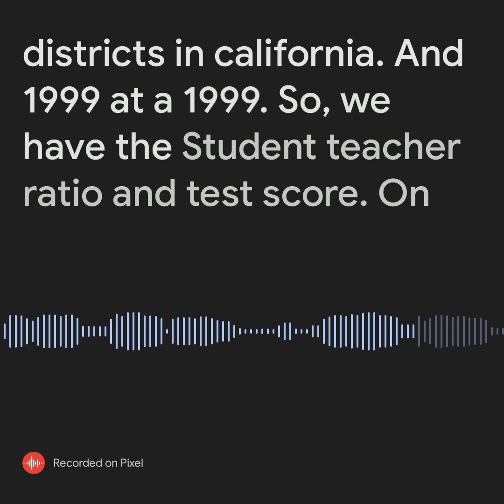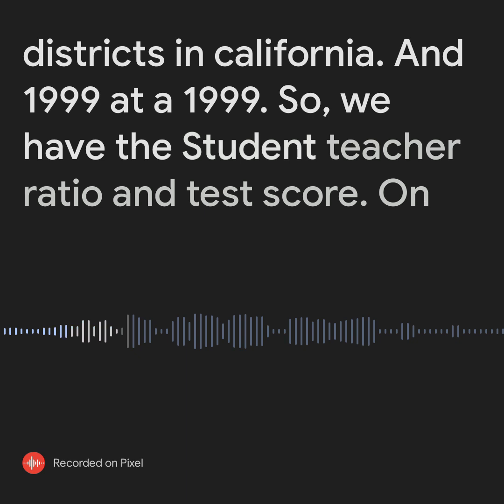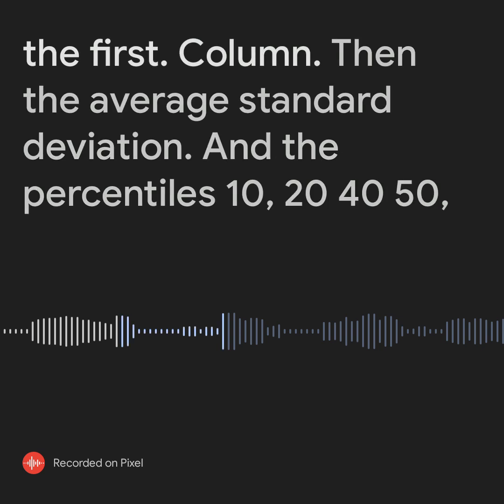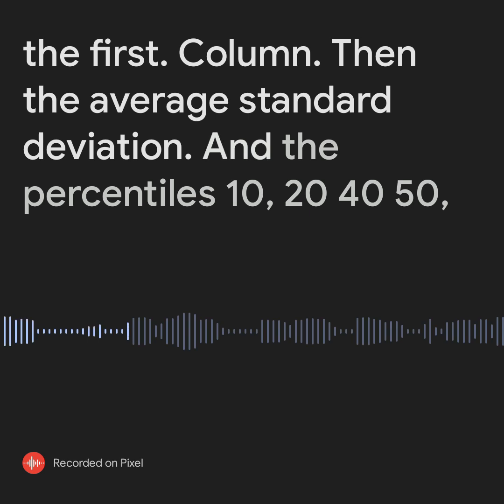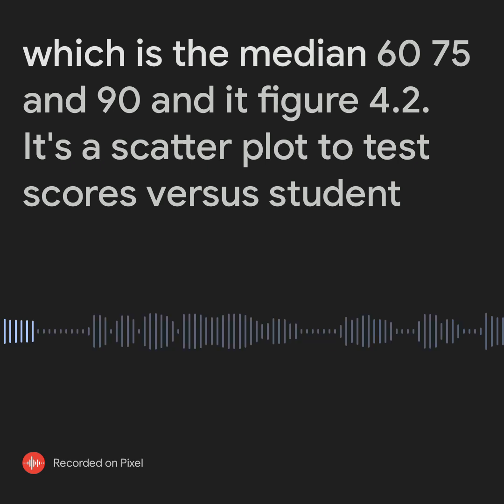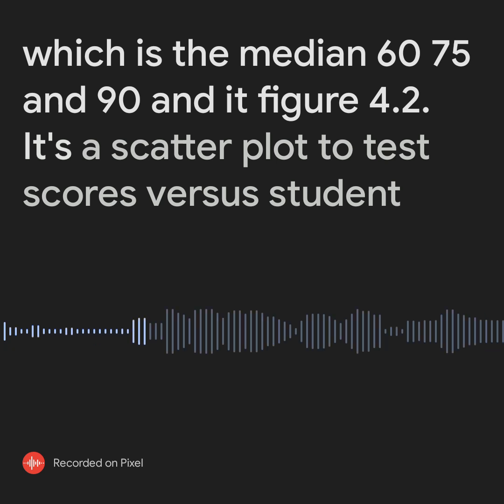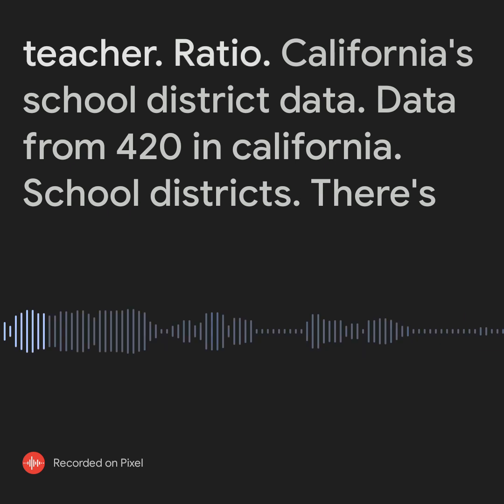So we have the student-teacher ratio and test score in the first column, then the average, standard deviation, and the percentiles: 10, 20, 40, 50, which is the median, 60, 75, and 90.